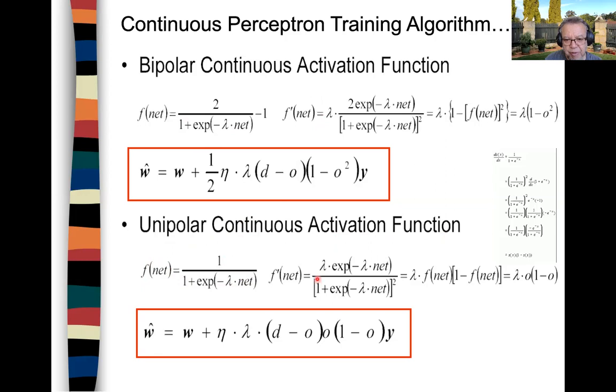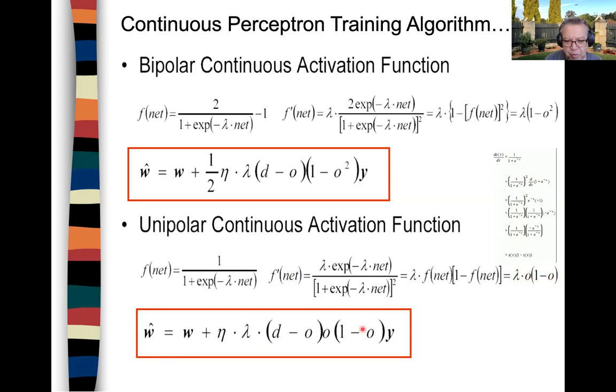If we take the derivative f prime of net, just using the normal derivative rules, you'll find that f prime(net) is equal to lambda times the output times 1 minus the output.